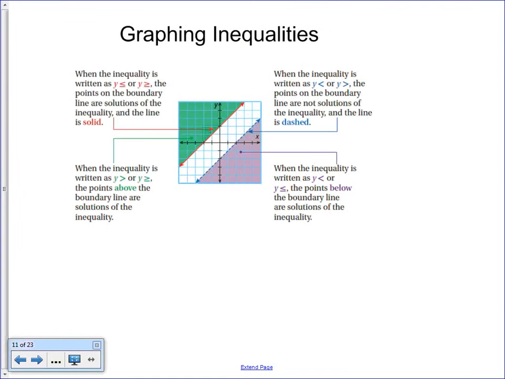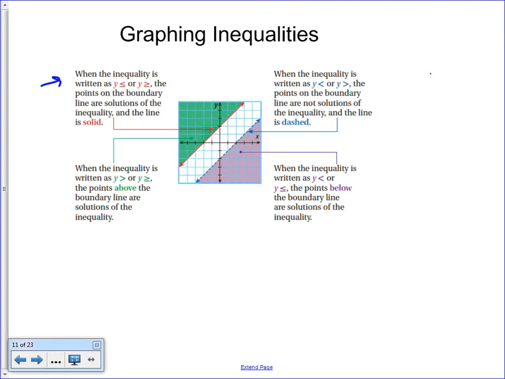All right, so moving on to graphing inequalities. So this is kind of a picture that says a lot of information. So if you look at this little paragraph, when the inequality is written as y is less than or equal to or y is greater than or equal to, the points on the boundary line are solutions of the inequality, so the line is solid.